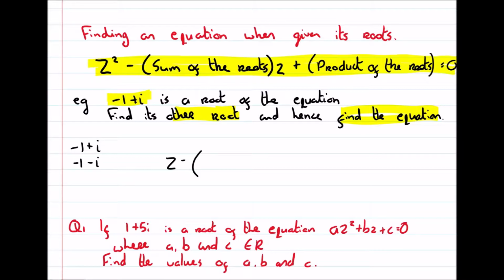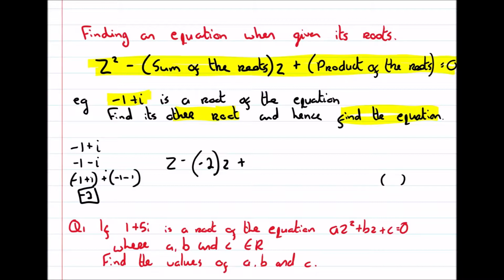So the sum of the roots is minus 1 plus i plus minus 1 minus i, and that gives us minus 2. So the sum of the roots is minus 2. So it's minus 2z plus the product of the roots.